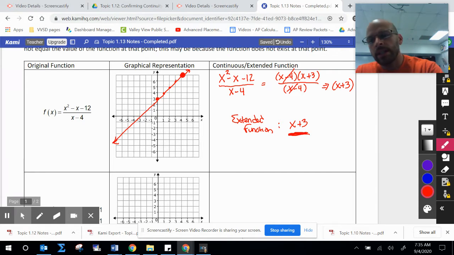So what we did is we took a function and we simplified it in a way so that any discontinuities that were in it are no longer. And now every value from negative infinity to infinity, or in the domain, is going to be continuous.